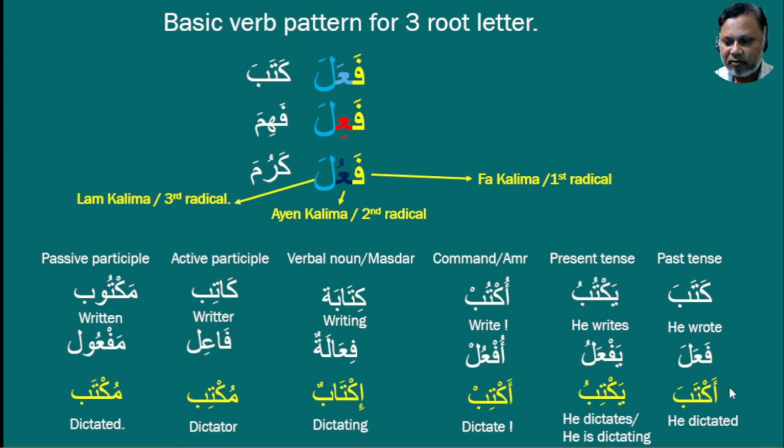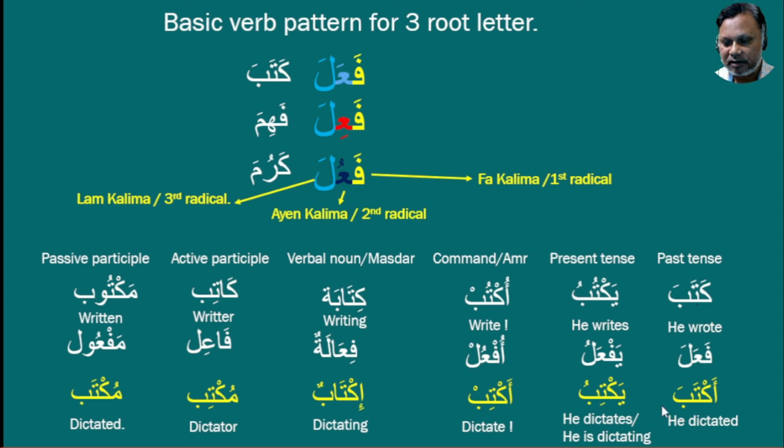Aktaba is a new verb under the family of kataba. Both are three root letters, but one is the main tree and the other is a branch of the tree, like aktaba is a branch, a new verb of the kataba tree.